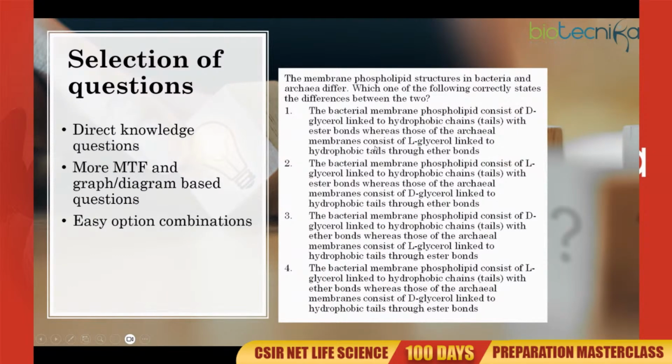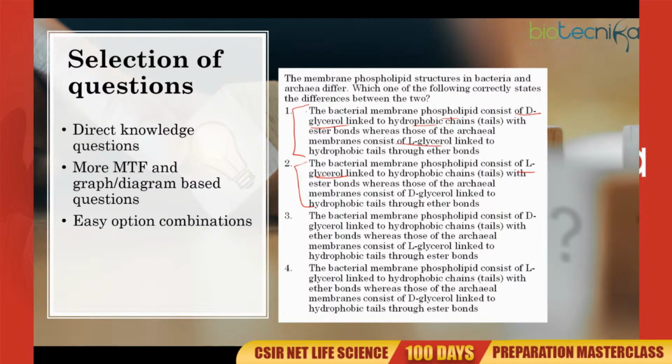But if you think that this is a lengthy question, yes, I will come to another example where I will say avoid lengthy questions. But just give a close look, a scanning of the question, to see what is happening. If you see opposing statements, for example D glycerol, L glycerol, rest everything is same.